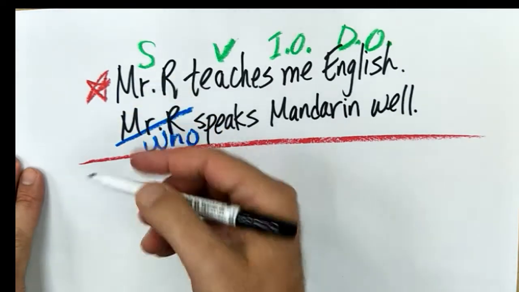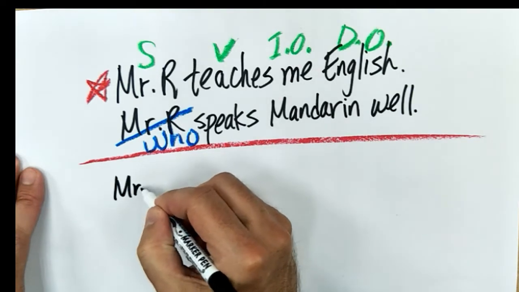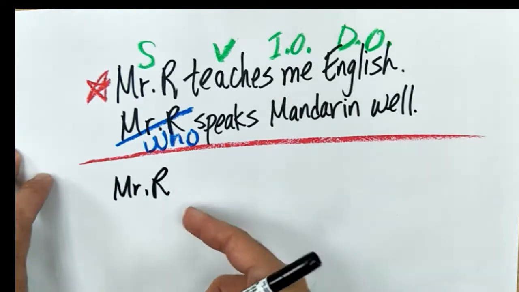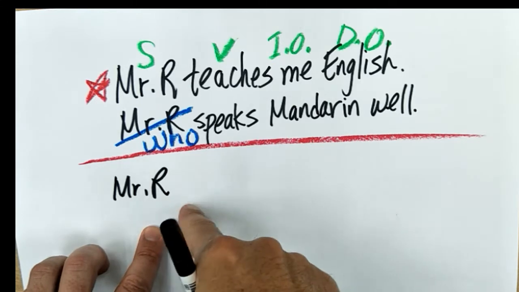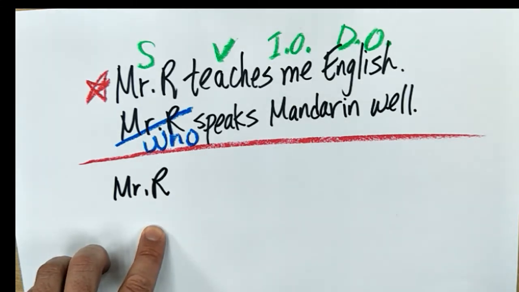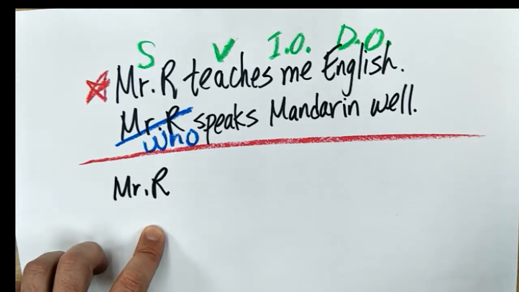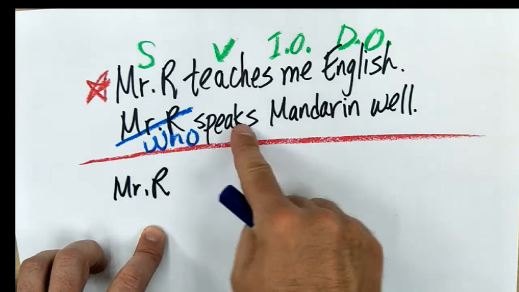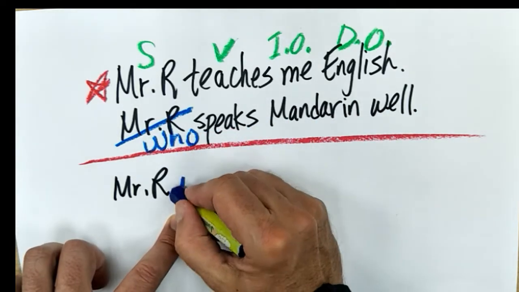All right, so first is the subject, Mr. R. Next to the subject is a noun. Next to the subject is the adjective clause. So let's bring the adjective clause down.